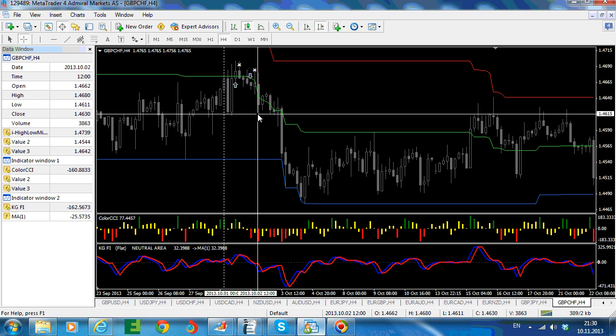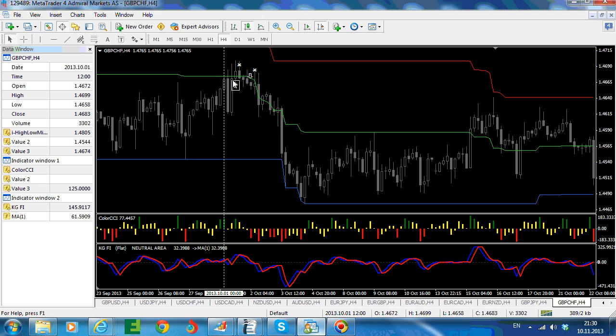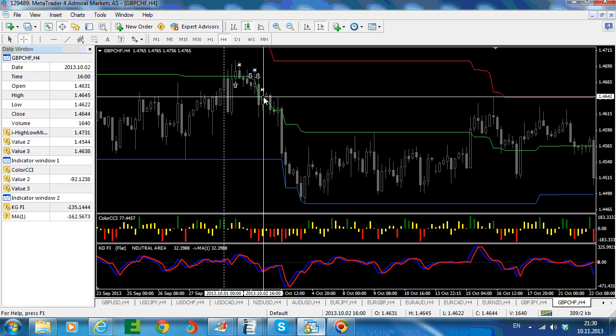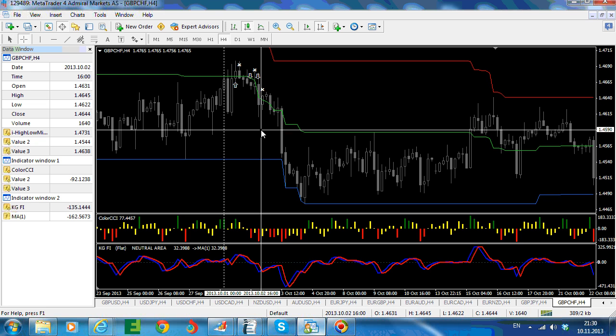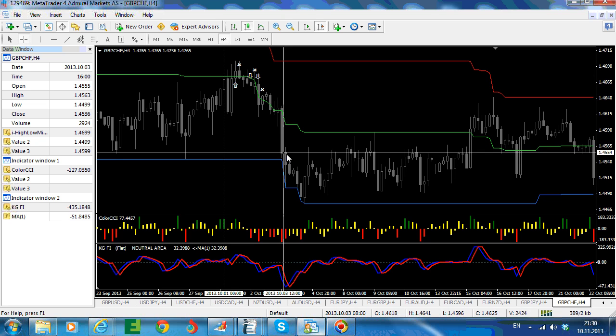And then again another signal to the downside, but yet again another failure. Another signal to the downside, but this one is invalidated by the MA.